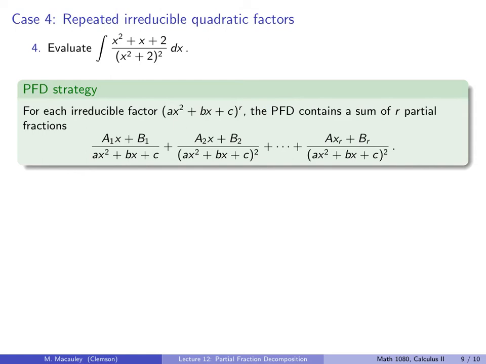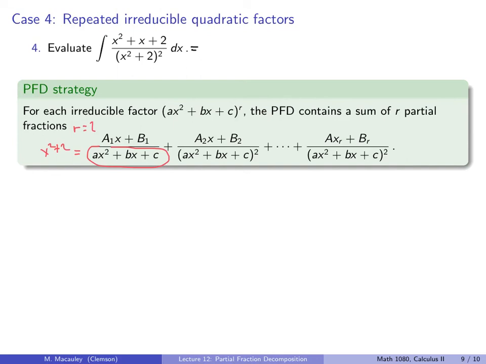In other words, for this one here, our ax squared plus bx plus c is just equal to x squared plus 2, and r equals 2.